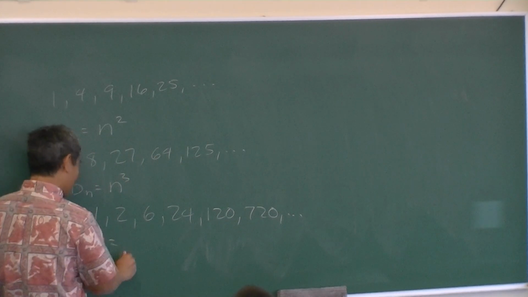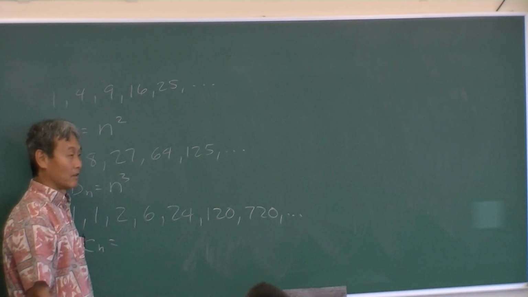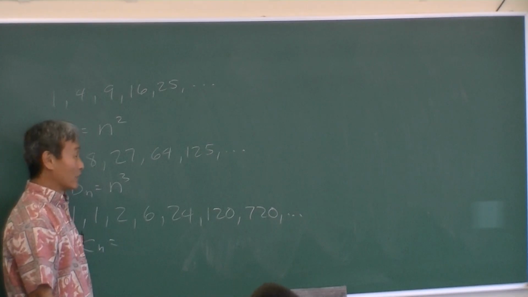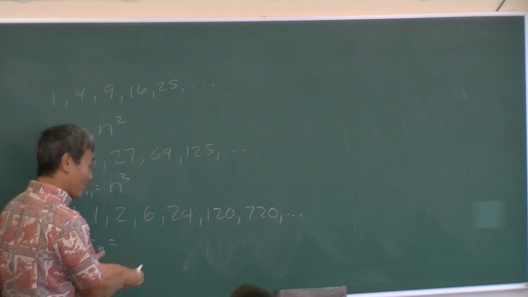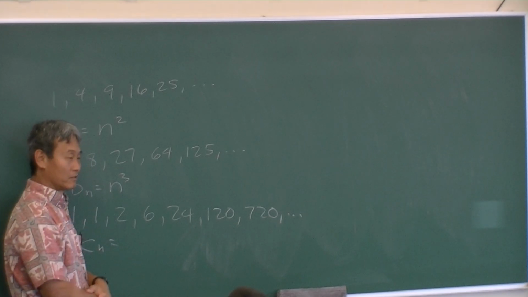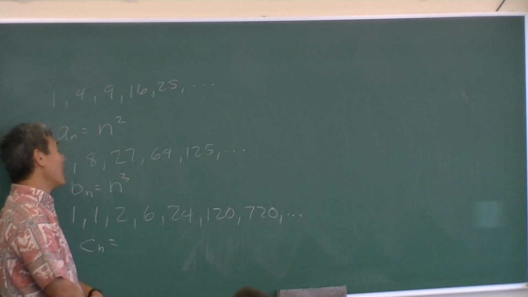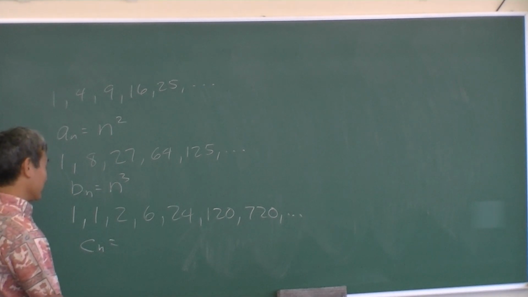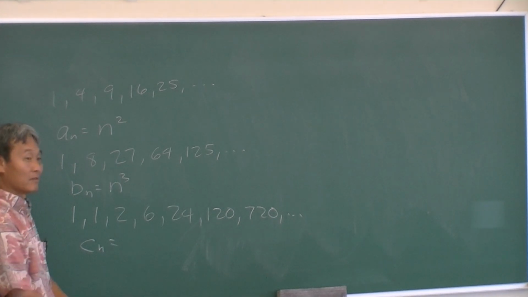What is the explicit formula for this sequence though? In other words, if I want the 12th term, what's a formula I can just plug 12 into? Come on, people! We just finished probability! Yeah, these are the factorial numbers.